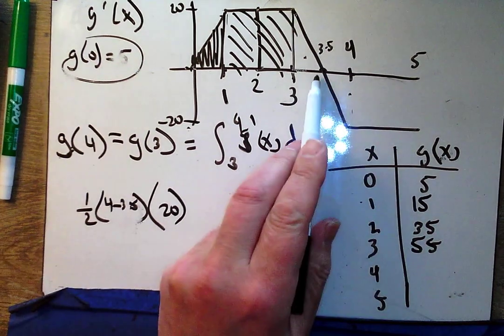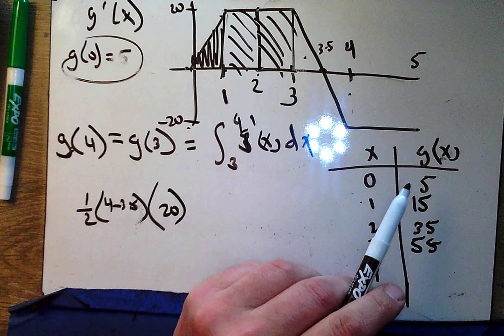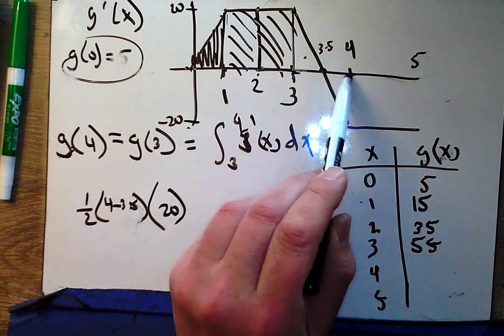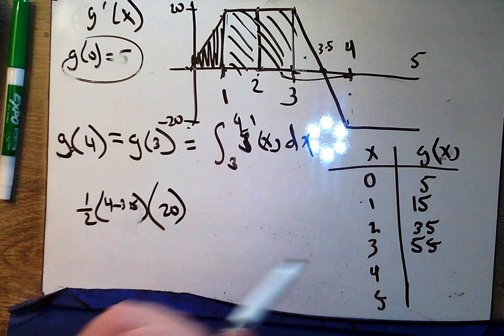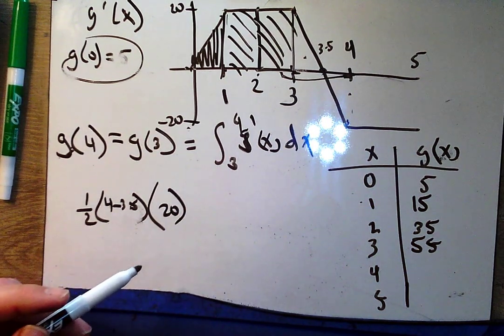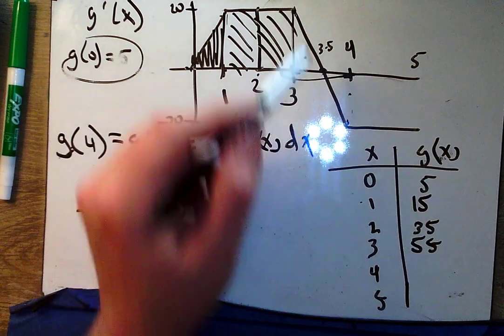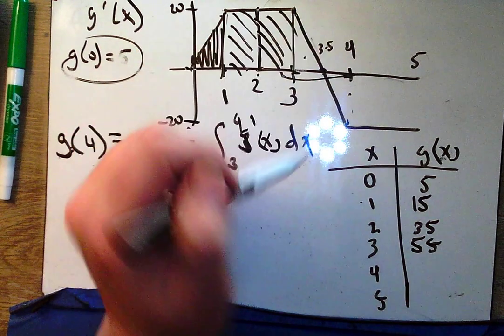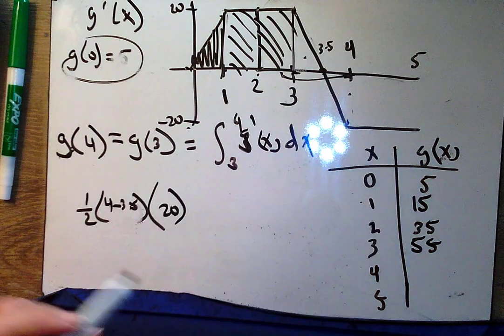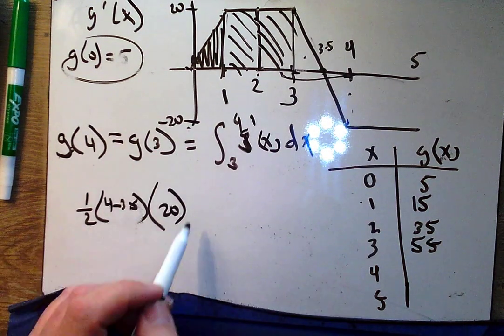Yeah, I really feel like I should check that out. I mean, I know because this is 20 and this is negative 20, and we're going a distance of 1, that must be that. But if you're not sure, by all means, write the equation of that line, and then set that line equation equal to 0, and solve for x, okay?